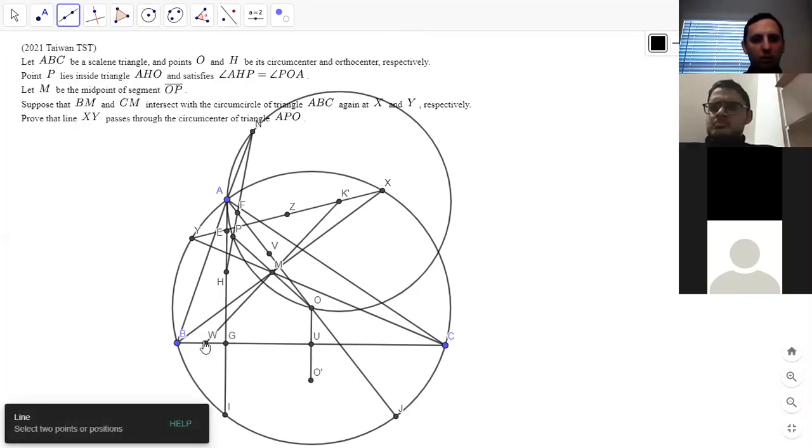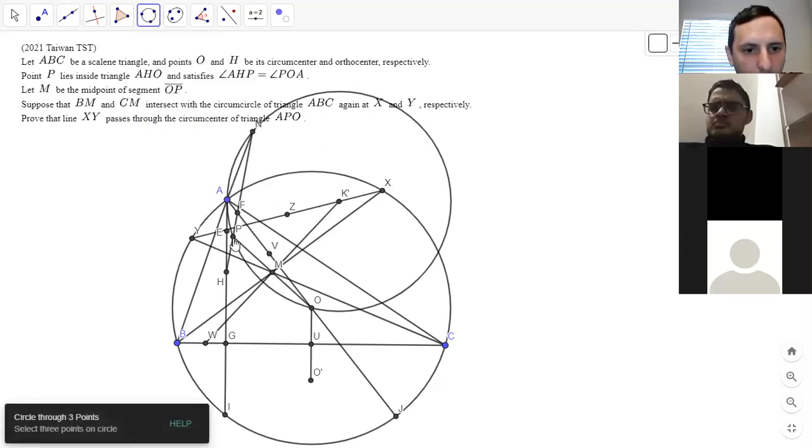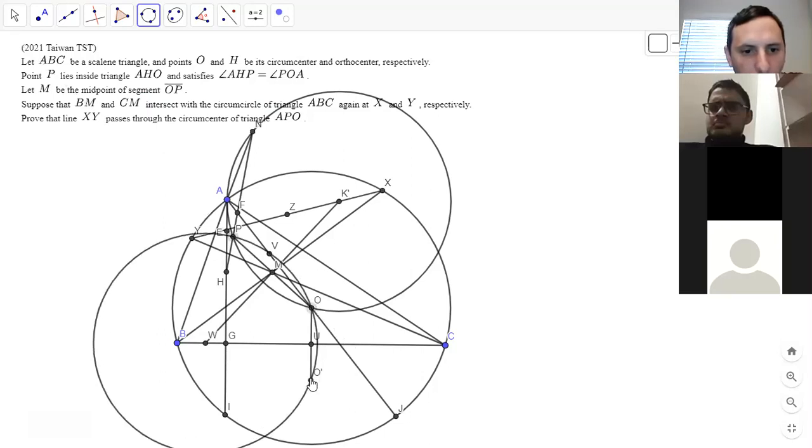Oh, I think I found something interesting. Okay. W is actually the center of the circle POO prime. Ah, so W is the center of that circle.